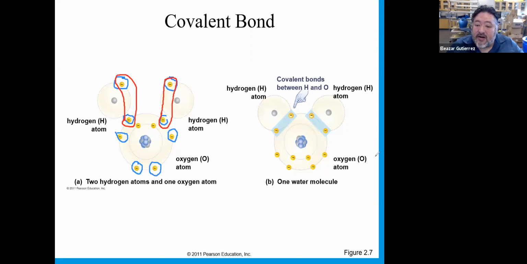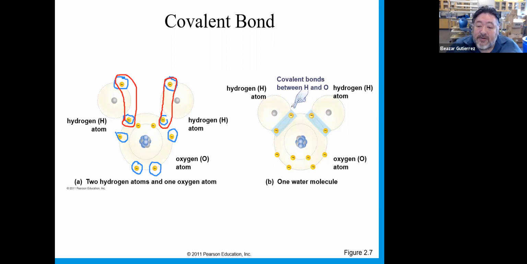So here we are. Here's Mickey Mouse. We've got the face and the two ears. Notice that oxygen is sharing two electrons with hydrogen and then sharing another two electrons with the other hydrogen.